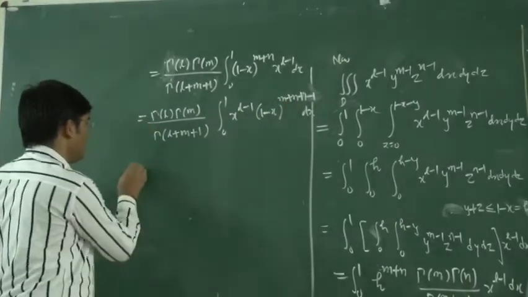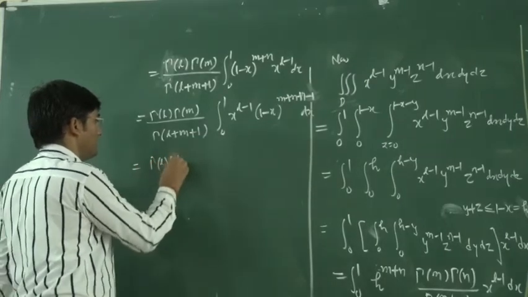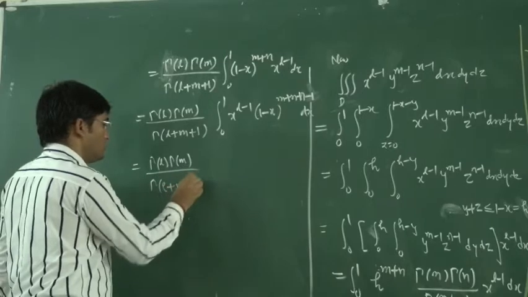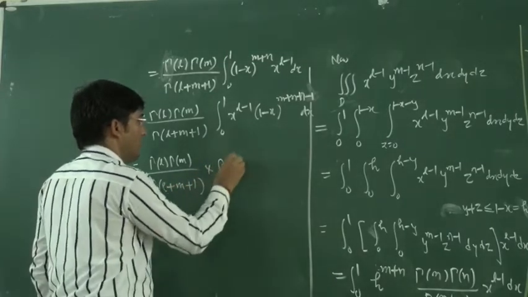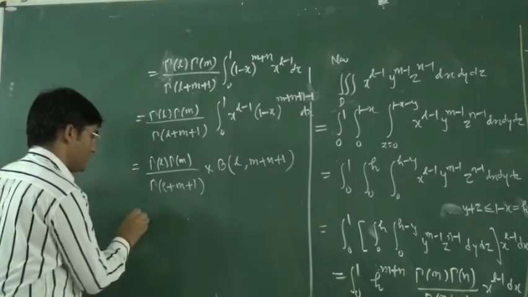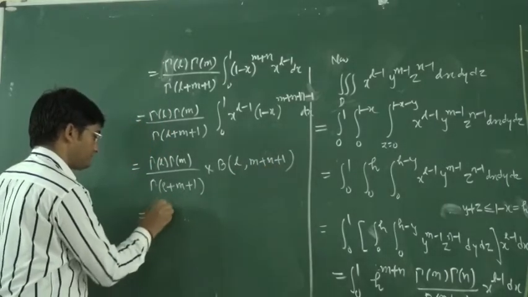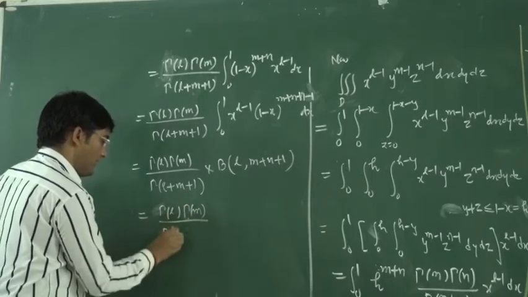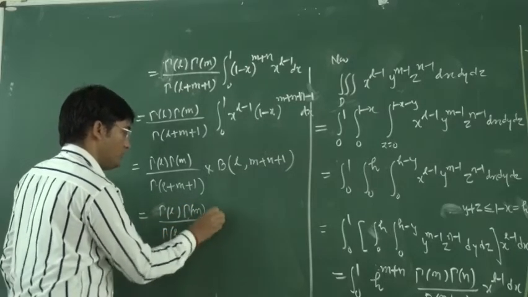So this is equal to gamma l into gamma m upon gamma l plus n plus 1 into beta l comma m plus n plus 1, and this is equal to gamma l into gamma m upon gamma l plus m plus 1 into beta.